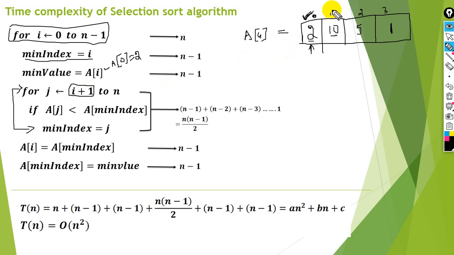So now j is this second index, which is equal to 1, and i is the first index, which is equal to 0.